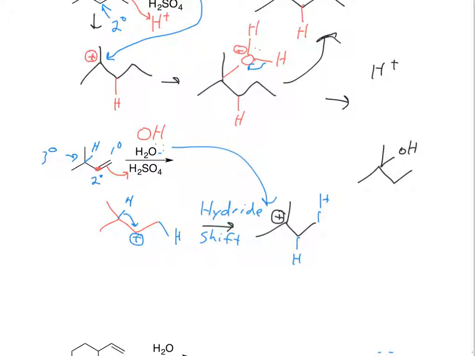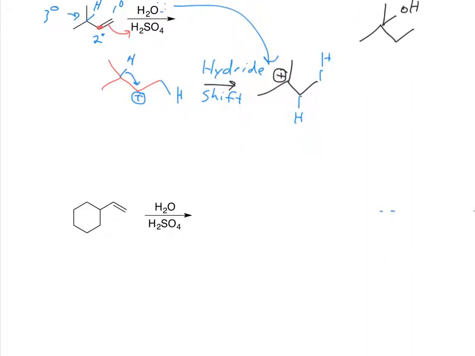If the answer is yes, then you can do either a hydride shift or a methyl shift, and you will get this rearrangement. So the big key note that you have to take away from this problem is be really careful about rearrangement. All right, so we get the alcohol on the more substituted carbon after rearrangement. Right, the hydrogen that was here shifted over, and our OH goes on the more substituted carbon.